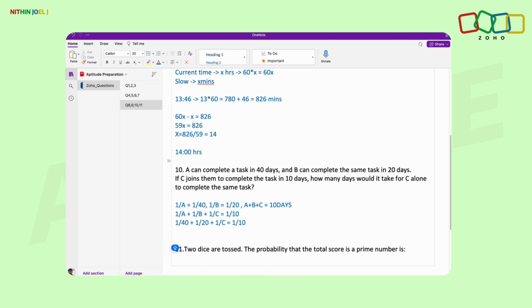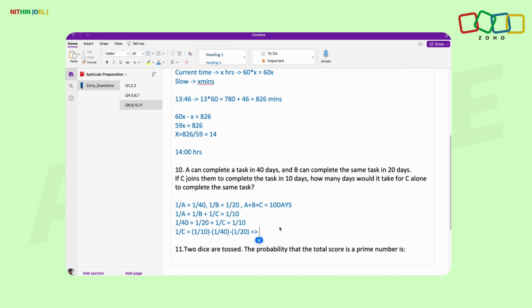So now let's have 1 by C on our left hand side and 1 by 10 minus 1 by 40 minus 1 by 20 over here. Let me make it a bracket. So now I'm just taking 40 as our LCM, I mean the denominator.